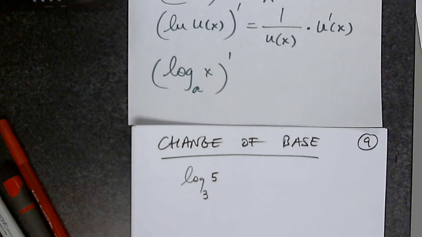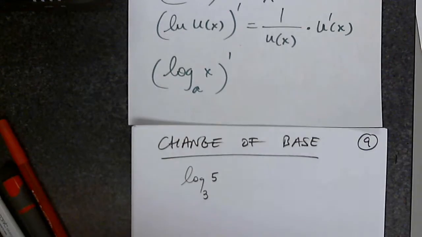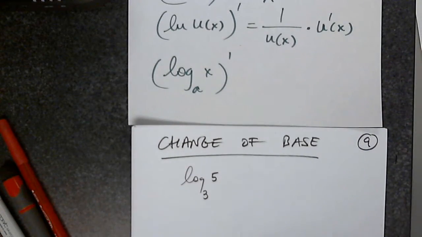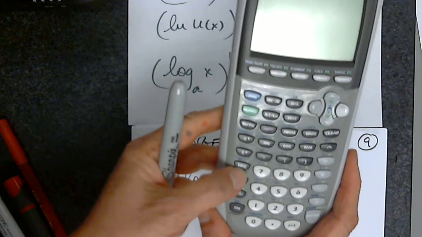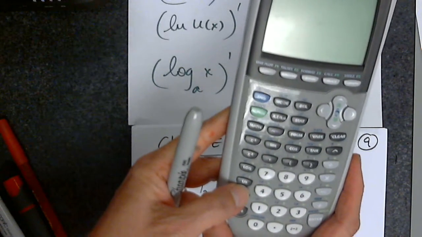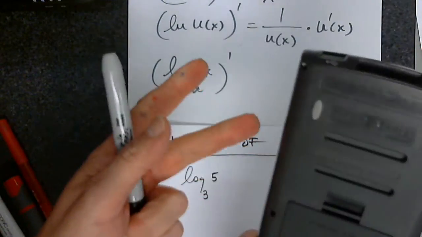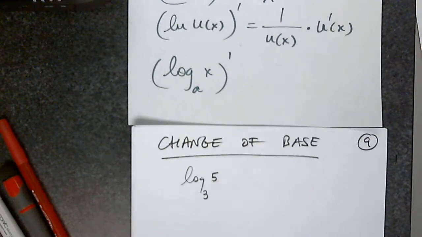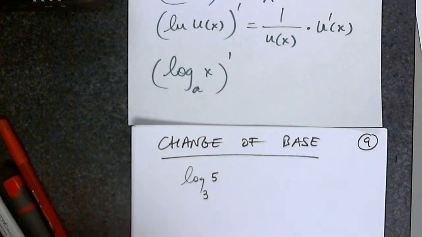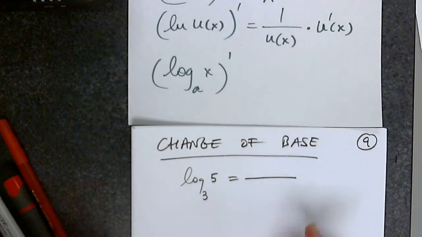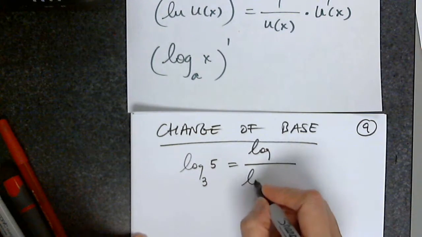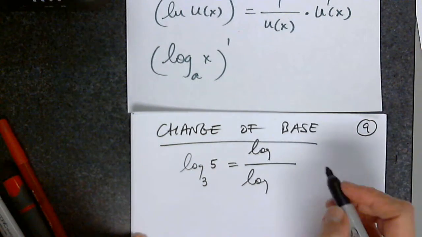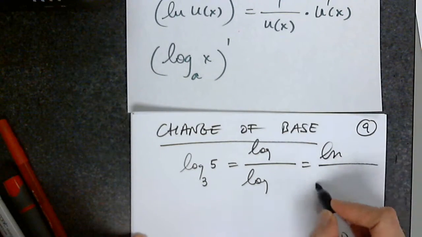The more sophisticated calculators allow you to put in 3 in the base. But my calculator does not have that feature. It only has log, which is base 10, and ln, which is base e. So assuming we don't have those sophisticated calculators, I will have to change this into either log base 10, or natural log.